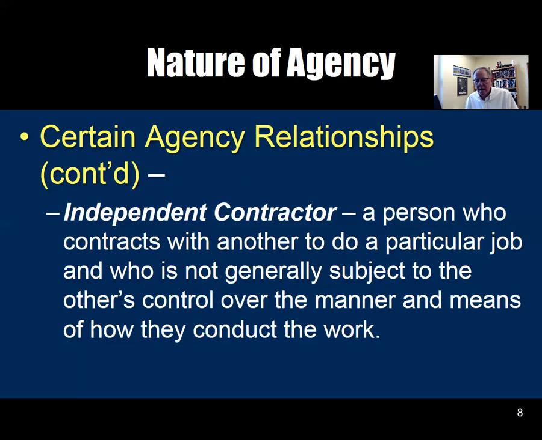So recognize that there will be questions about whether a party is deemed an independent contractor, even if you may not have control over how they do their business. But do you exercise such control over setting the schedules, setting times, providing them with some of the equipment, and that sort of thing?